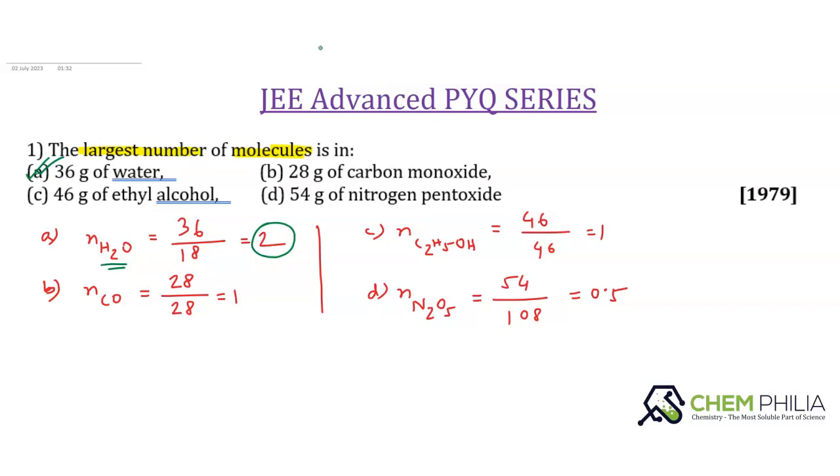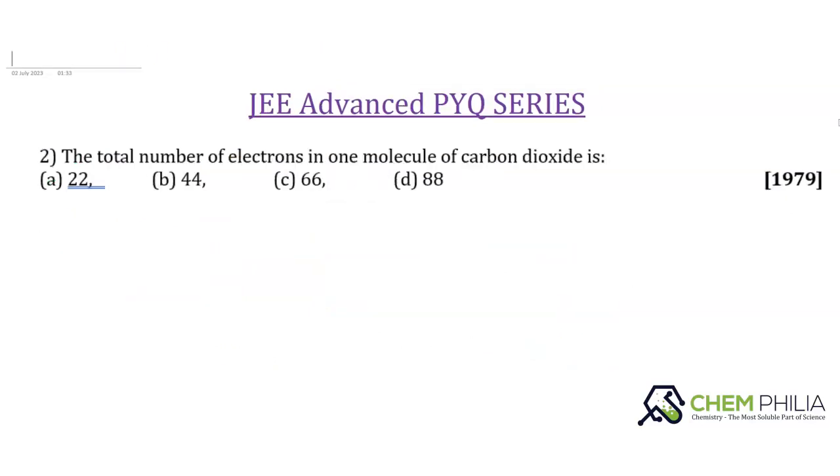So here you must remember, number of molecules is directly proportional to number of moles. So if we get the number of moles and compare them, we can easily get which one has the highest number of molecules. Clear? So option A is the answer to this question. I hope you have understood this, and then let us move on to the next question.